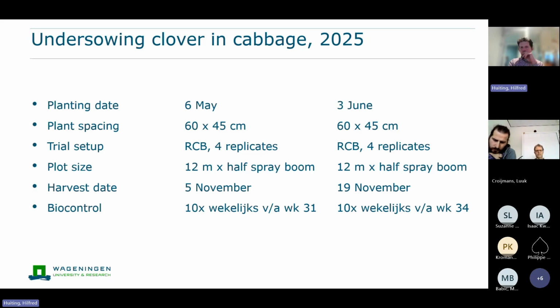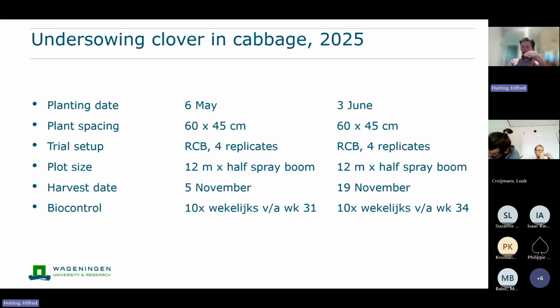You see here already that we planted 6 May, which is not early. I mean, early would be early April, so it's already delayed planting. But in the second location, we planted on June 3rd, which is much later still. And the reason for that is a choice of the farmer, because he is in an area where he suffers a lot of thrips because of onion cultivation and also alfalfa in the past.